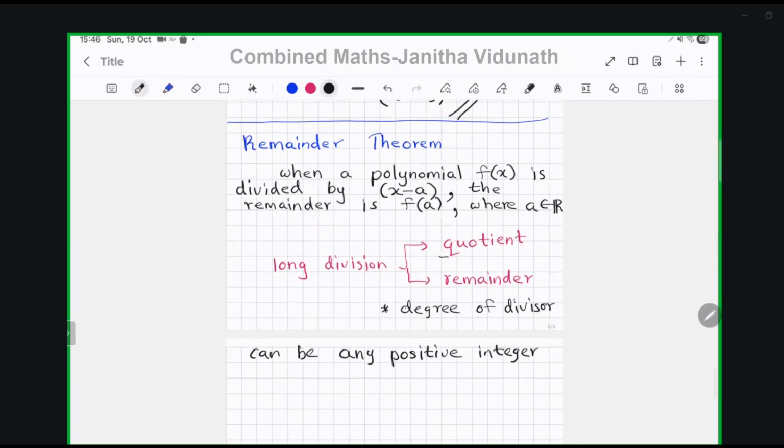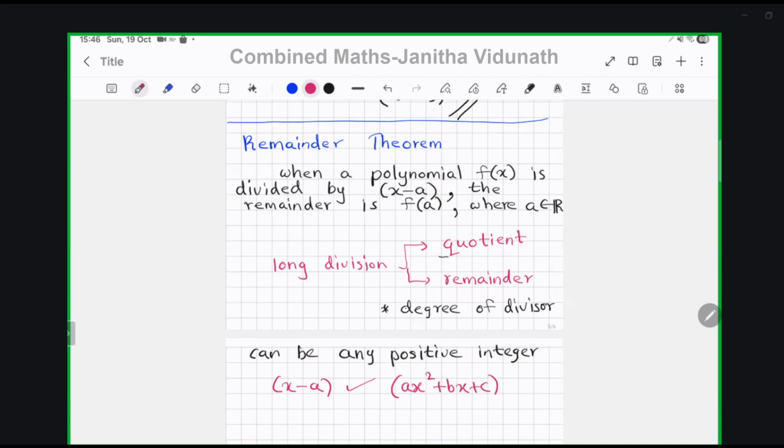That means from long division, if we divide some function by x minus a, then we can find the quotient and remainder. Also, if we divide it by a quadratic polynomial, that means ax squared plus bx plus c.